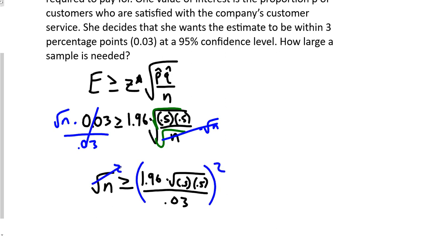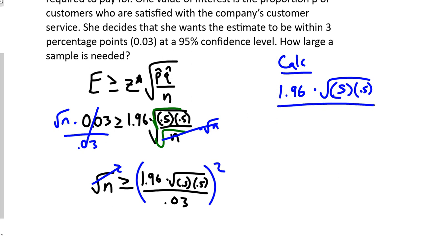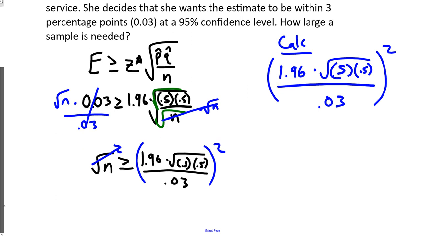Okay, so in my calculator, I'm going to do it one step at a time. I'm going to do 1.96, multiply it by the square root of 0.5 times 0.5. Then I'm going to divide it all by 0.03. Then I'm going to square that answer. And if I do that, I actually end up getting n is greater than or equal to 1067.11.